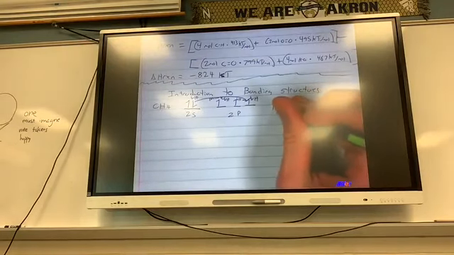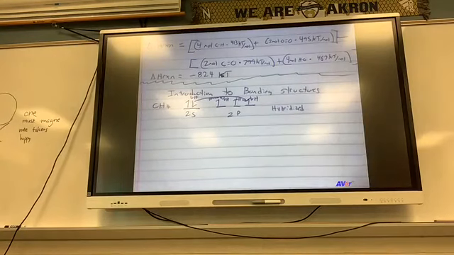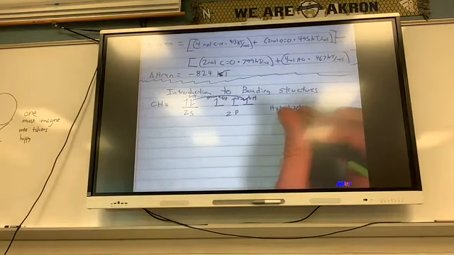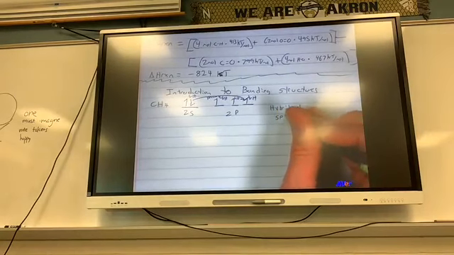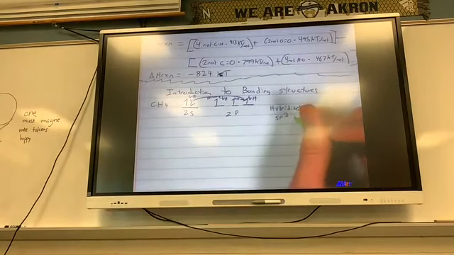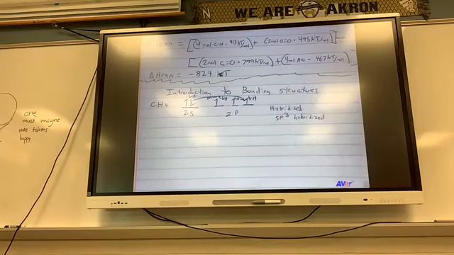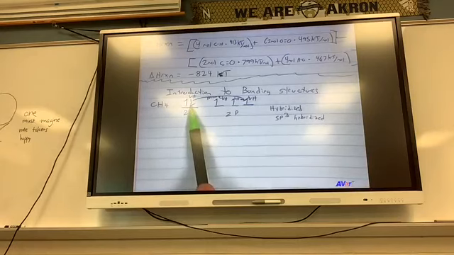This is called a hybridized orbital. This is called sp3 hybridized. Why is this sp3 hybridized? Because I hybridize one s and I hybridize 1, 2, 3 p orbitals. So I hybridize my s and 3 of my p's.